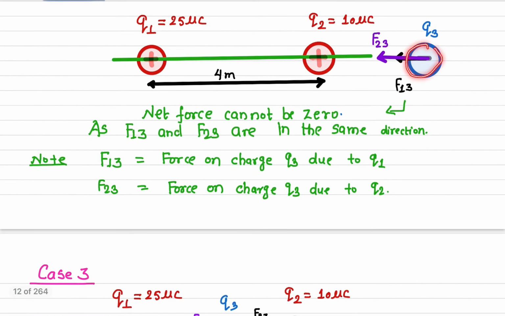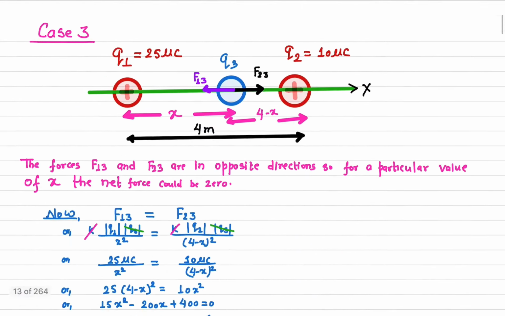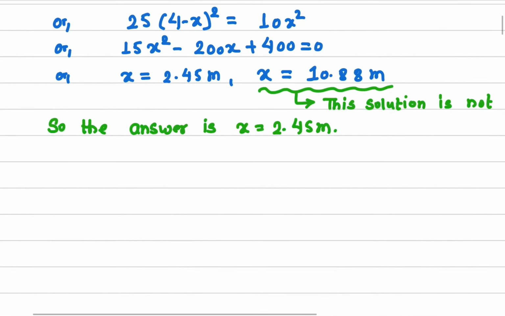If the charge Q3 is on the right side, the net force cannot be equal to 0. Mathematically it is possible, but physically it is not possible. If this charge is here, then due to the nature of the forces, the total resultant force cannot be equal to 0. So we have only one possibility, which is x equals 2.45 meter.